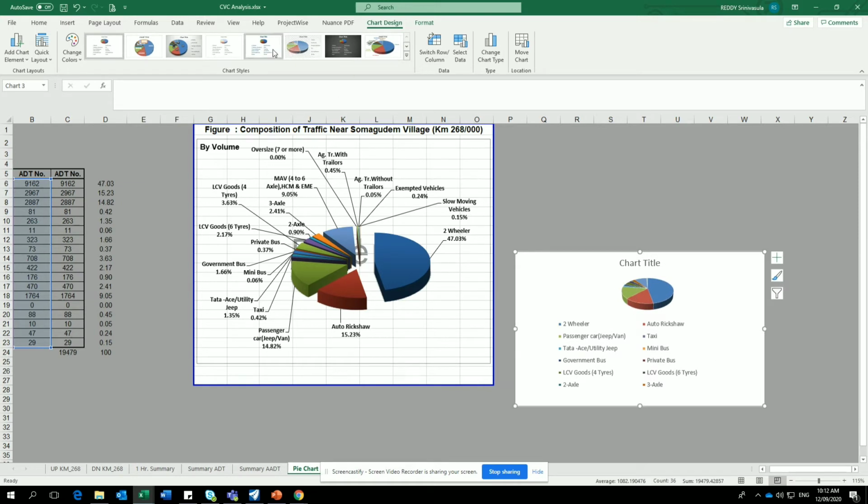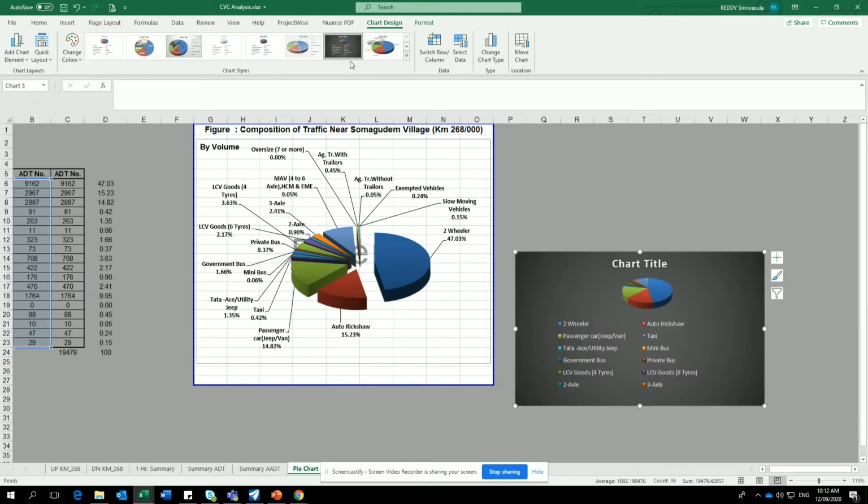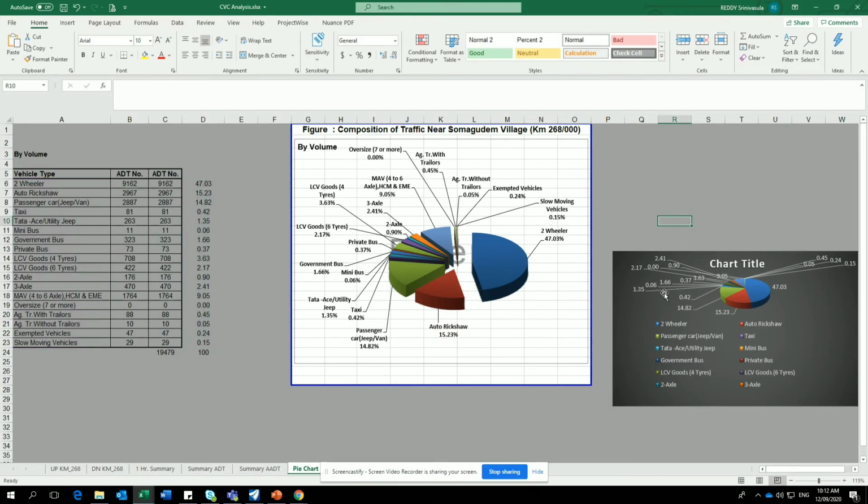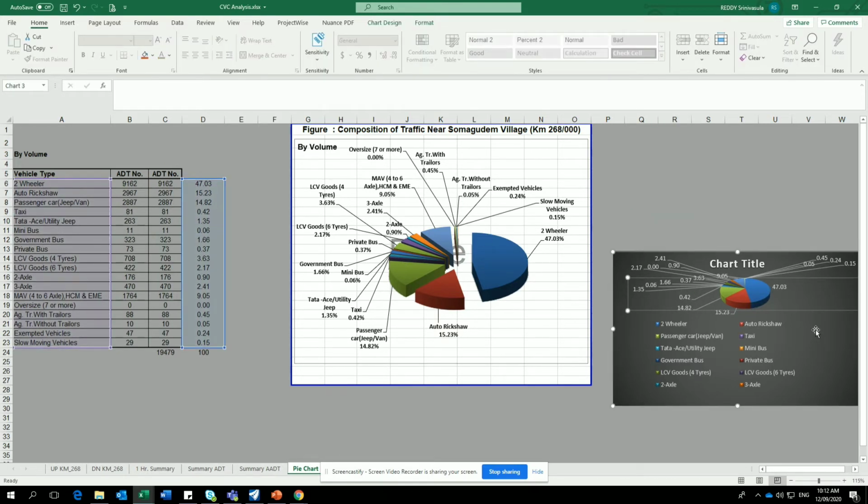Then change it like this. You can show data labels, and if you want to show the percentage also, you can select percentage. That's it guys.